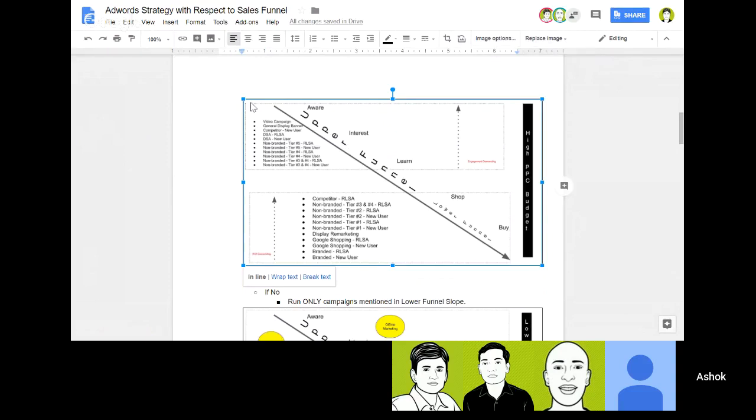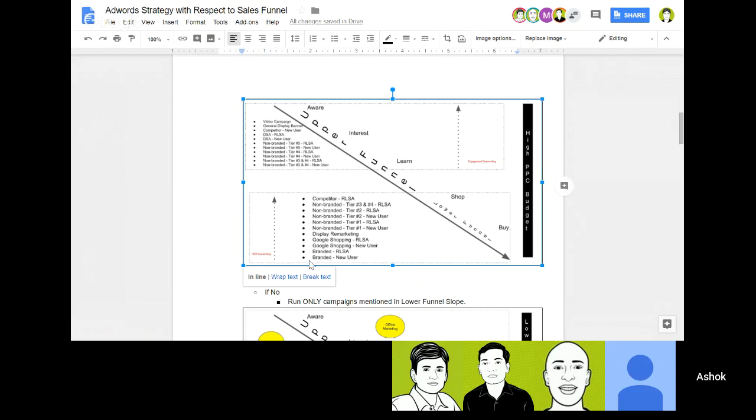Okay. So if your budget allows, if the answer is yes, that is, the budget is enough that we can target both funnel audiences strategically, then what I have tried here is to outline all of the campaigns that could fall under the lower funnel and upper funnel.